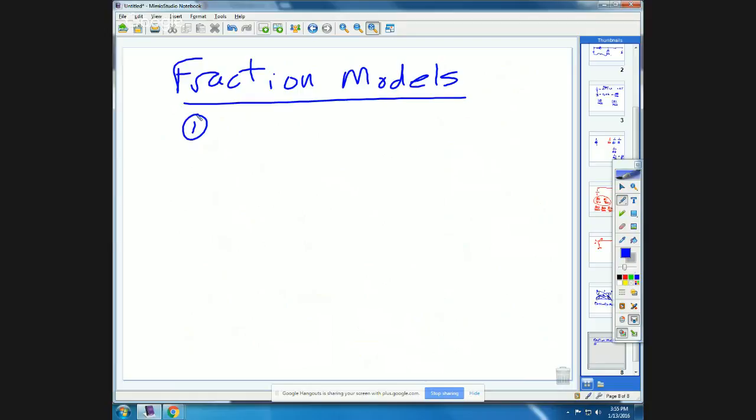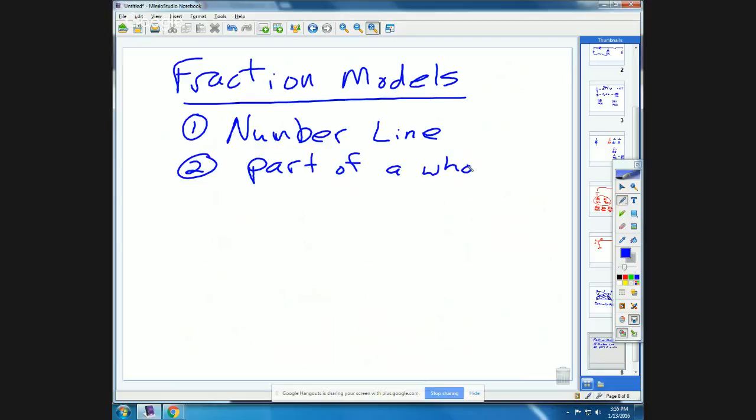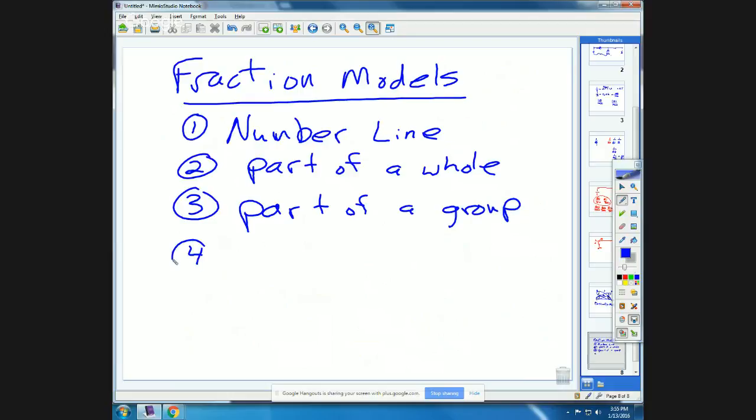Number line was 1, yep. Part of a number. What is a fraction? Part of a whole. Part of a group. Division, ratio. Division and ratio, yep. Part of a group, or division, and a ratio.